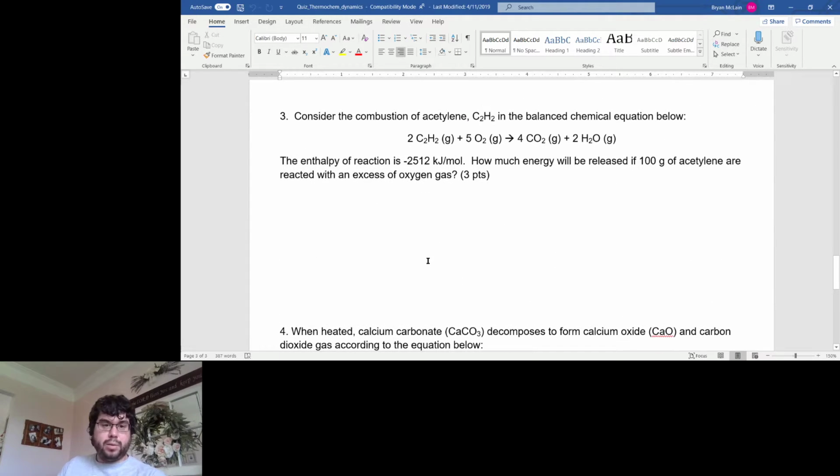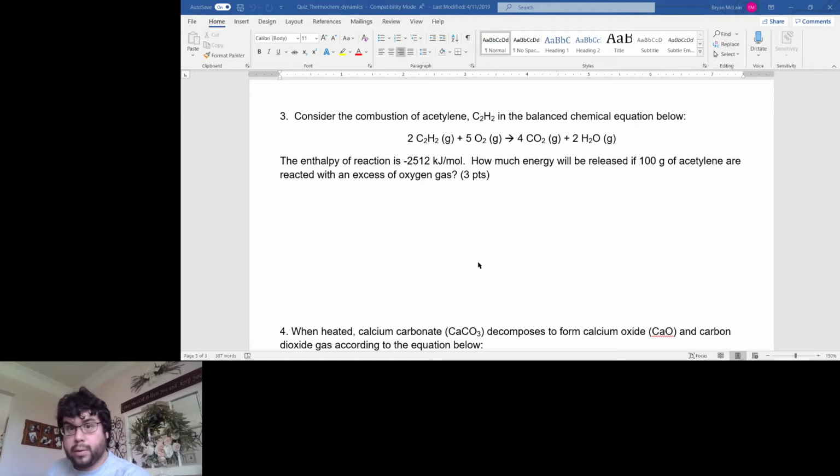Number 3 says, consider the combustion of acetylene, C2H2, in the balanced chemical reaction below, and the enthalpy of reaction is negative 2,512 kilojoules per mole. How much energy will be released if 100 grams of acetylene are reacted with an excess of oxygen gas? Let me write down this reaction before we do the math.